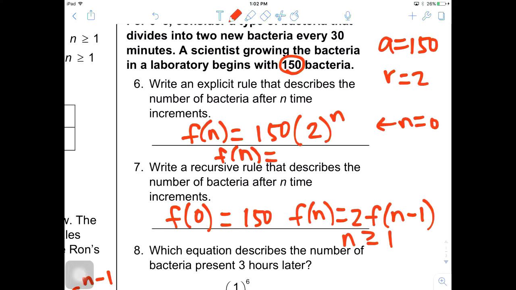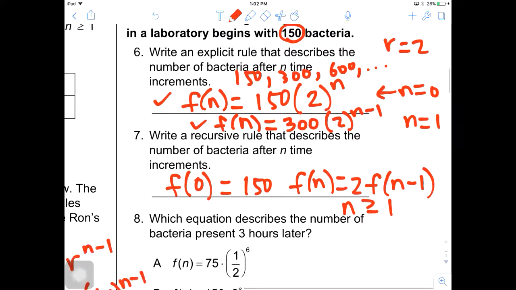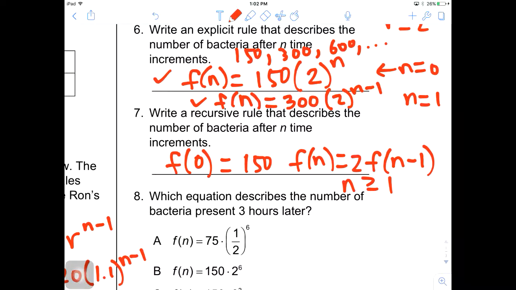So if you want to convert it to the n equal to 1 formula, you probably need to go to the next term, which is 300, because it's going to start like 150 and then 300 and then 600, so on and so forth, right? So that's going to be 300 times 2 to the n minus 1. So either one of these formulas is fine. So it probably makes more sense for this problem to have the top formula.